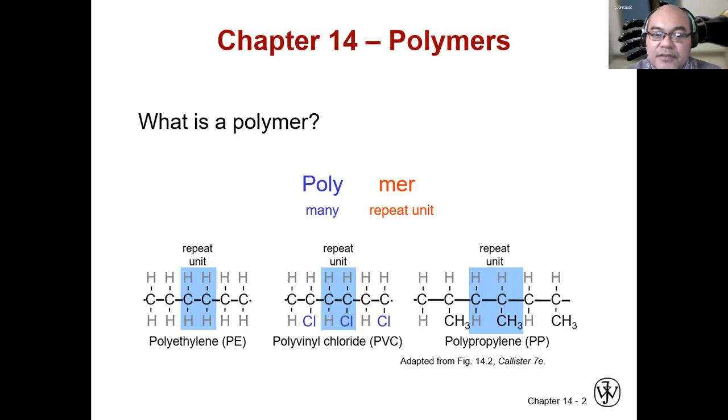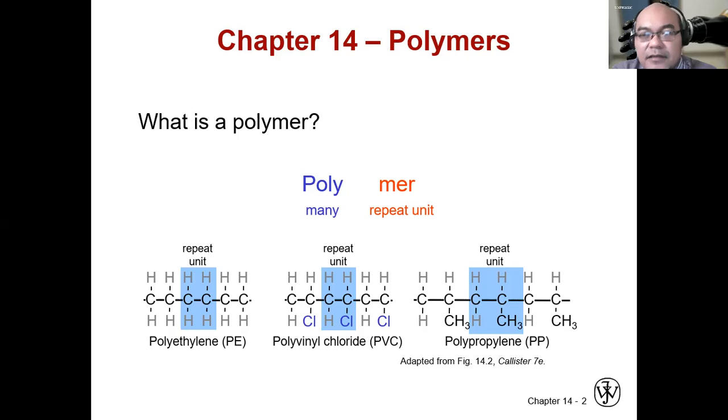In polymers, mostly they consist of 2 main elements, which are carbon and hydrogen. These carbon and hydrogen atoms form the backbone of many polymers.